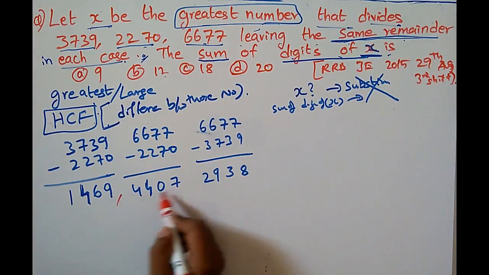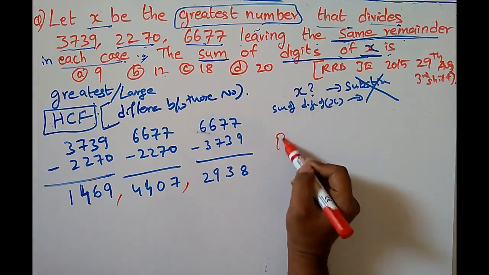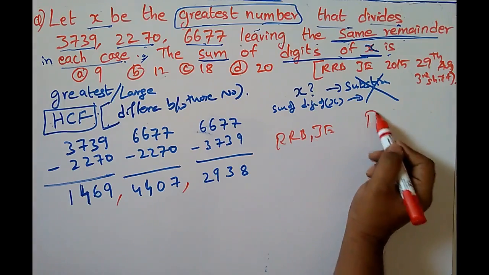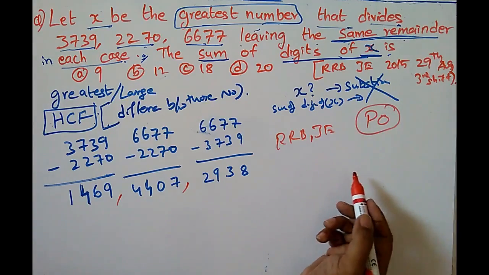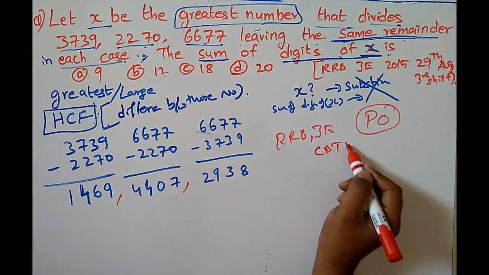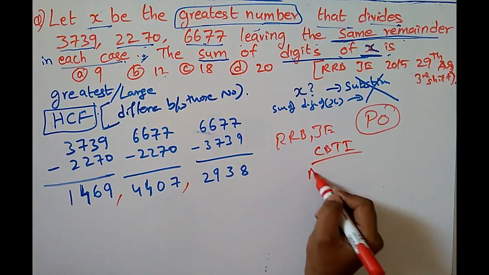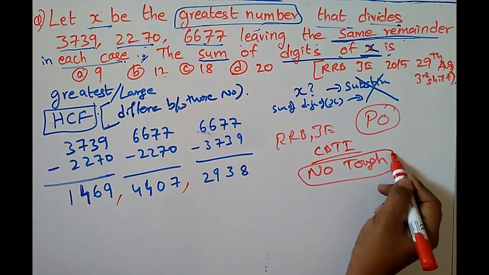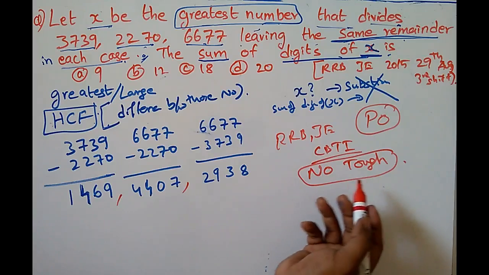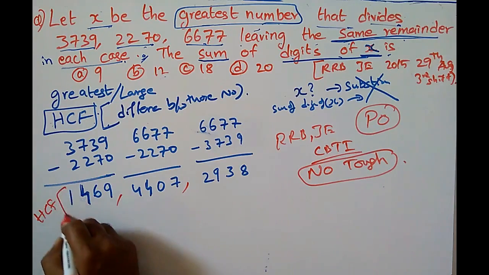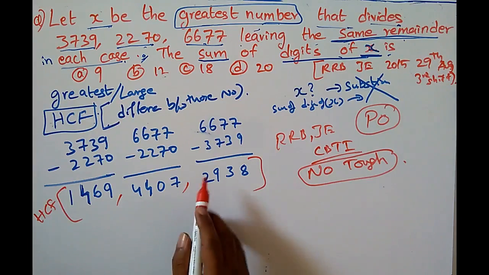Remember friends, what we are writing? We are writing the RRB JE exam, not the PO exam. We are also attempting the CBT 1. There will be no tough questions. Here you have to anticipate. Here we can't find the HCF for these numbers directly, but instead you have to see the pattern.